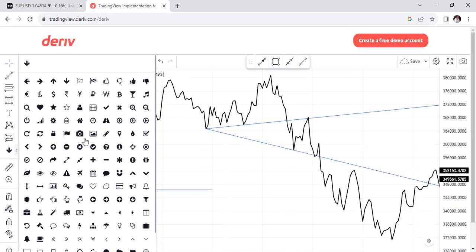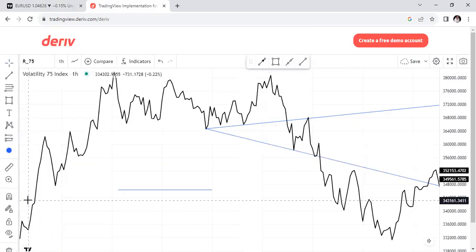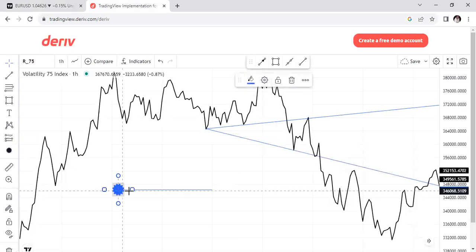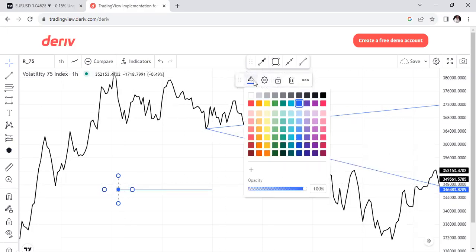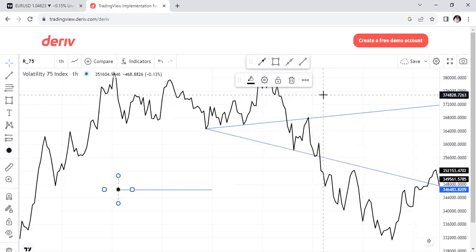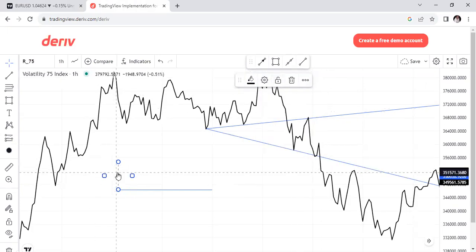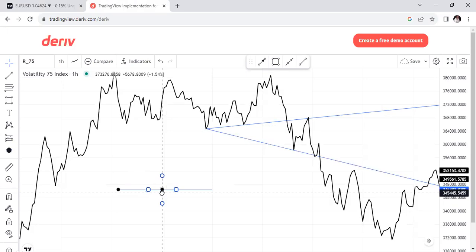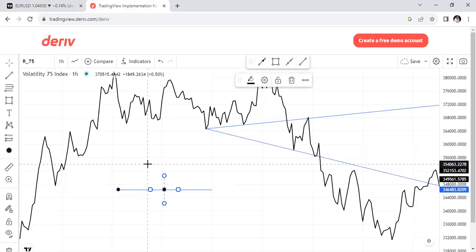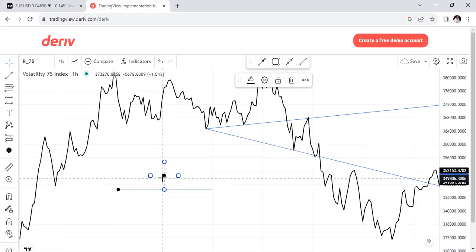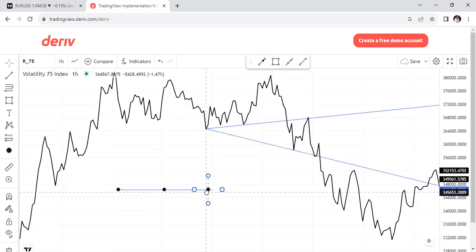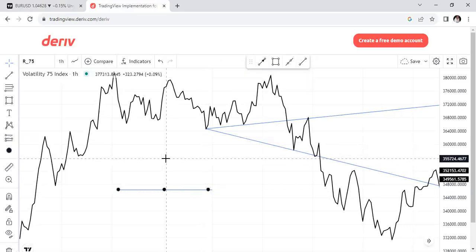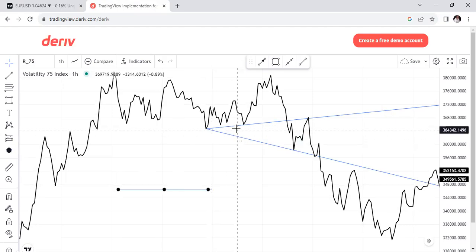Where is it? 4 points. Yeah, so this is 1, 2, 3. So it must balance.